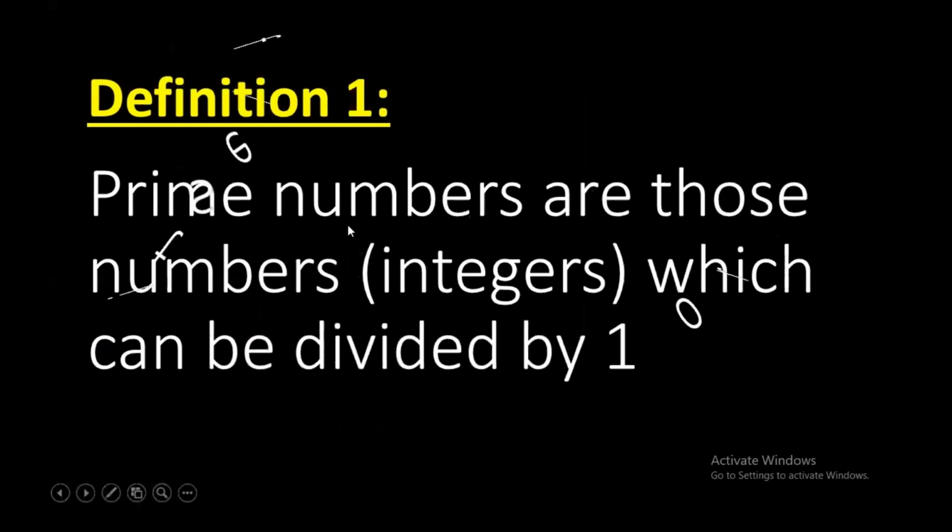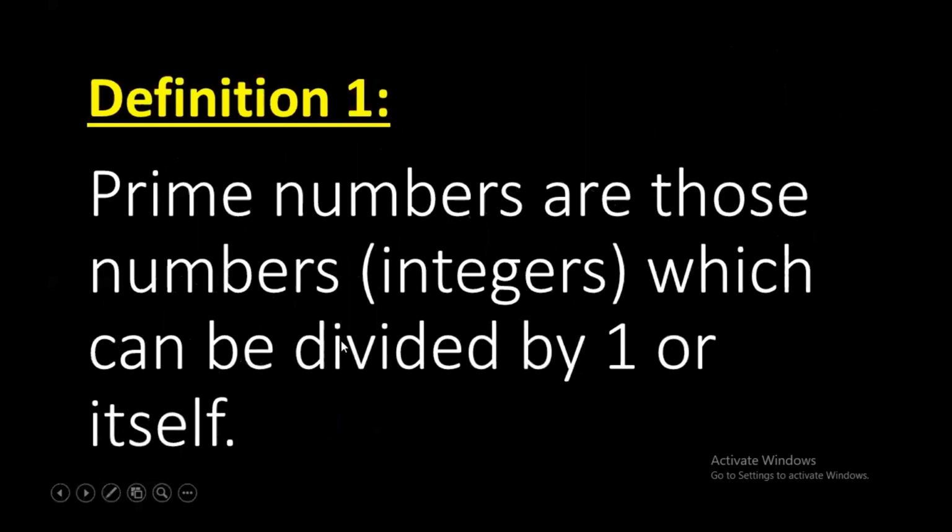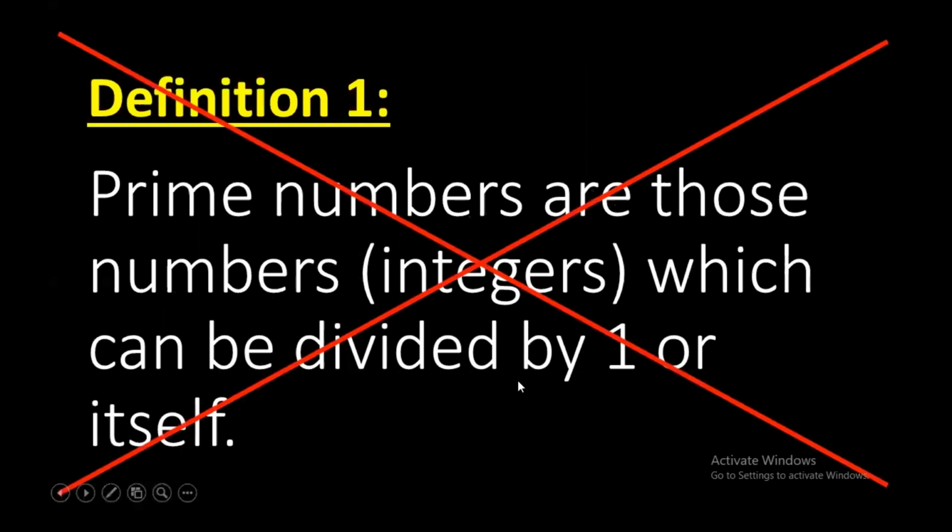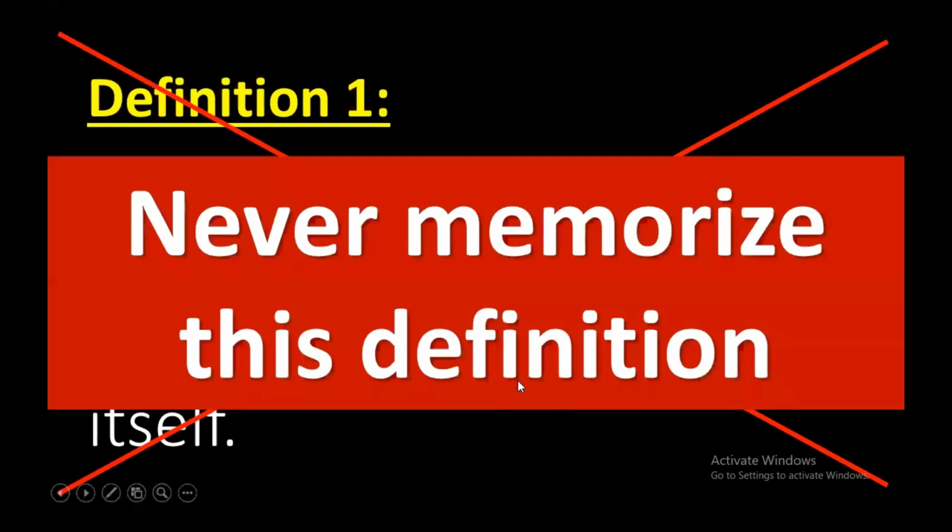Prime numbers are those numbers which can be divided by one or itself. This definition is correct, but I recommend don't memorize this definition, because if you memorize it, you will always be confused whether one is a prime number or not. So never memorize this definition.